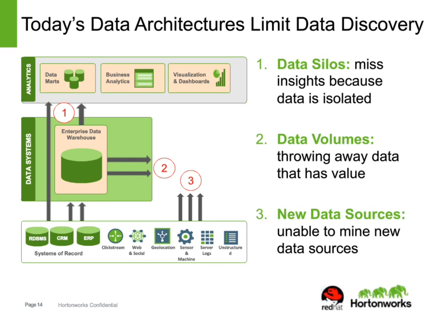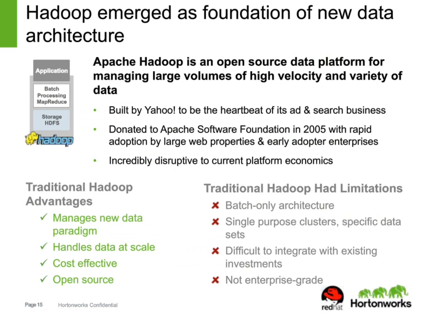So what's come about as a solution to address the data silos and the growing data volumes being generated by machines is a new infrastructure, a new data platform called Apache Hadoop.